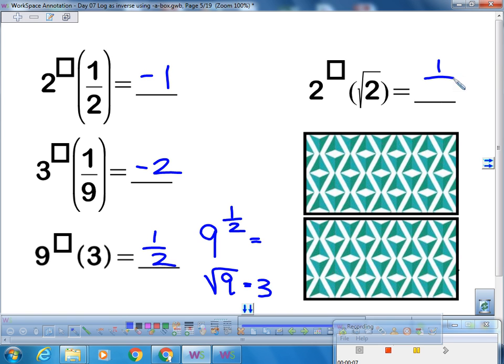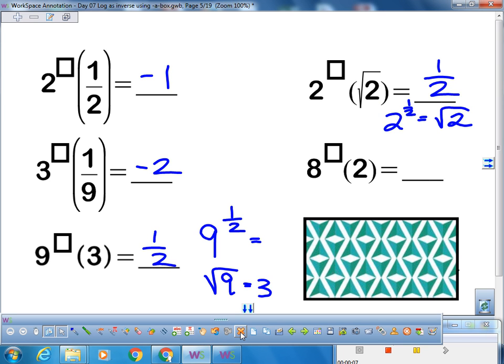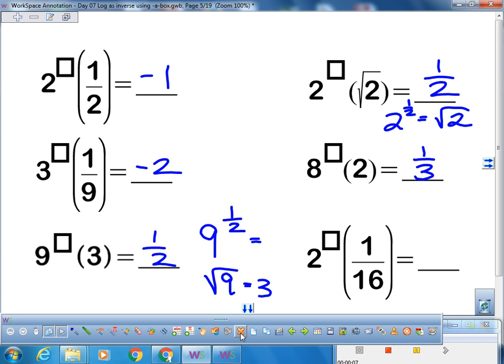One half. Because 2 to the 1 half, we can rewrite that as the root of 2. You guys are good. He's seeing it faster than I am.